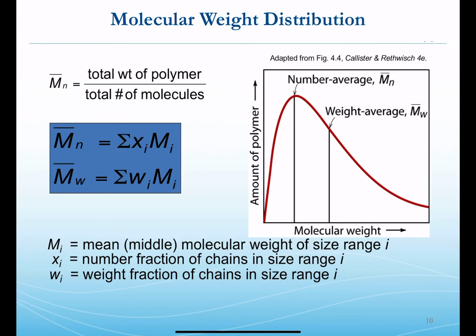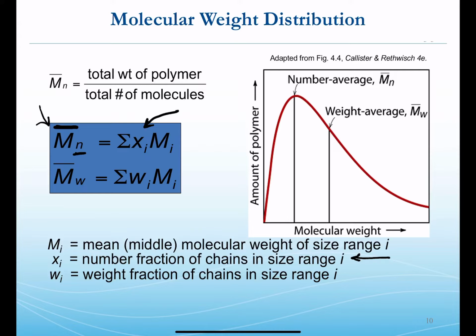Okay, so we'll see here that the number average molecular weight is given by this equation. It's molar mass with a subscript n, and we show the average symbol above. And we see that it is the sum of a feature called x_i. This is the number fraction of chains that are of a particular size range, i.